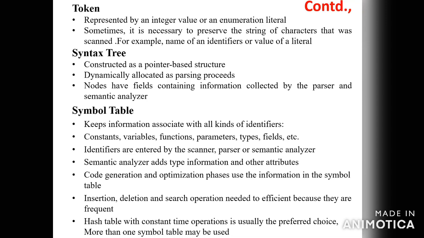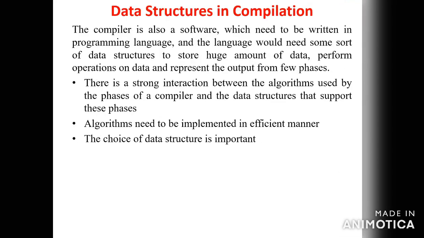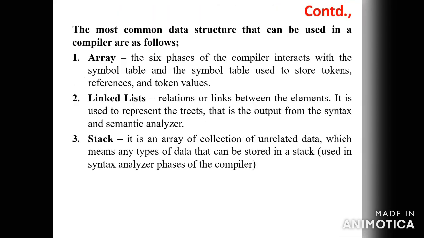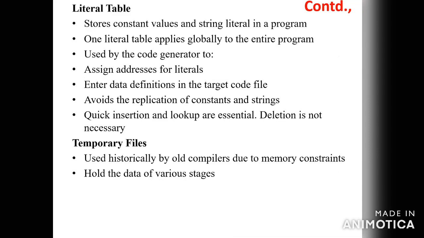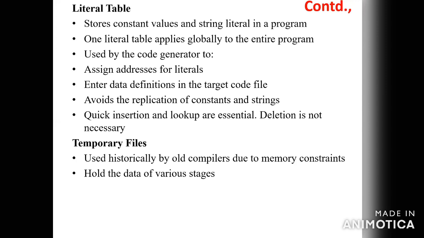So when asked to explain data structure compilation, you have to write what data structure compilation is, what the common data structures used for compilation are, then token, syntax tree, symbol table, then literal table. You have to write these for data structure compilation. Okay, and temporary files hold the data of various stages.